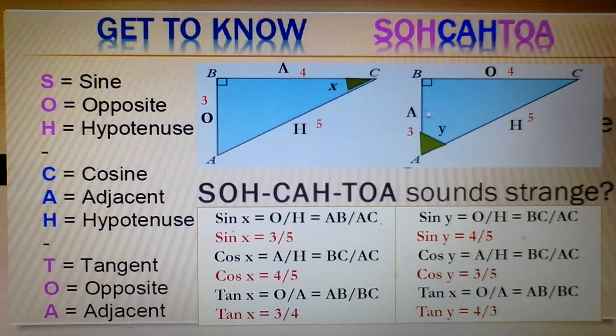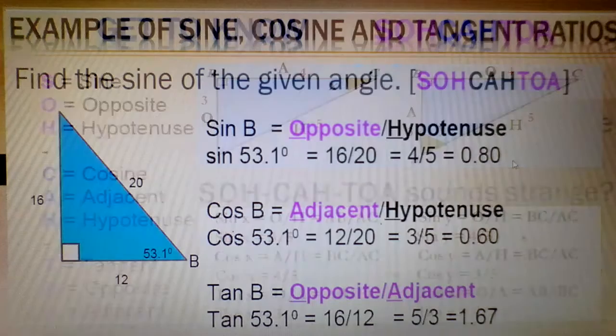Cos Y, adjacent divided by hypotenuse, so 3 divided by 5. Tangent, toa, opposite over adjacent, so 4 divided by 3. So this is how we get the trigonometric ratios for sine, cos and tangent. If you think this can help you memorize easier, you can use this method.